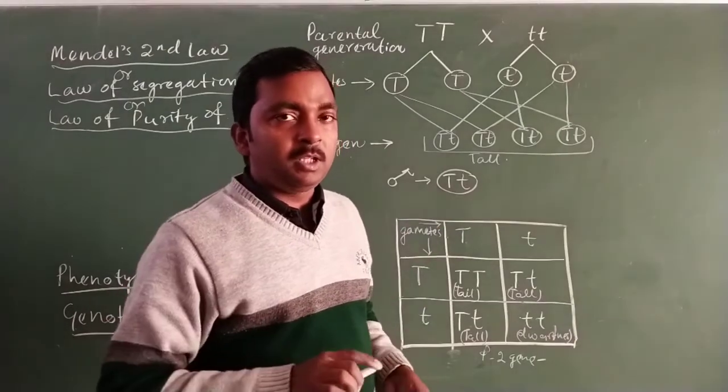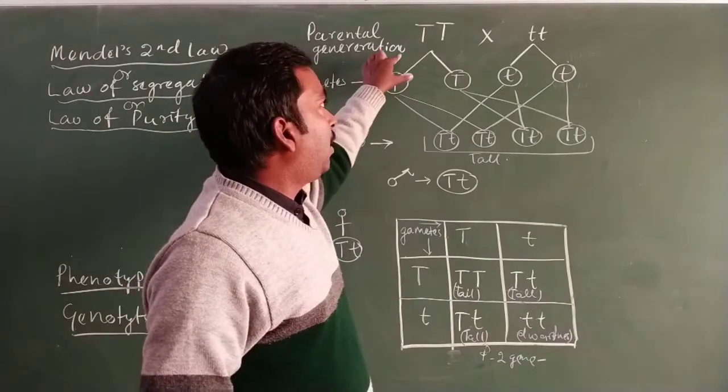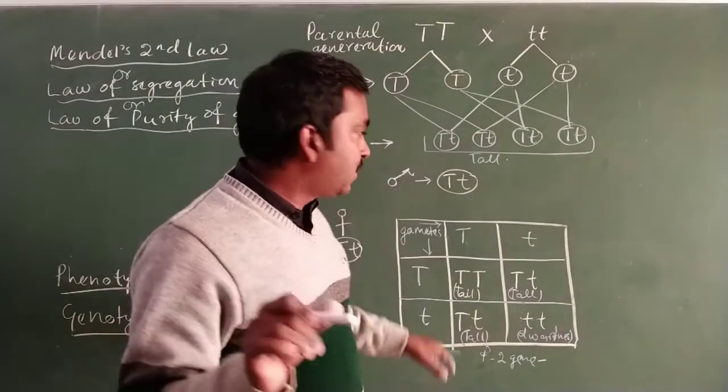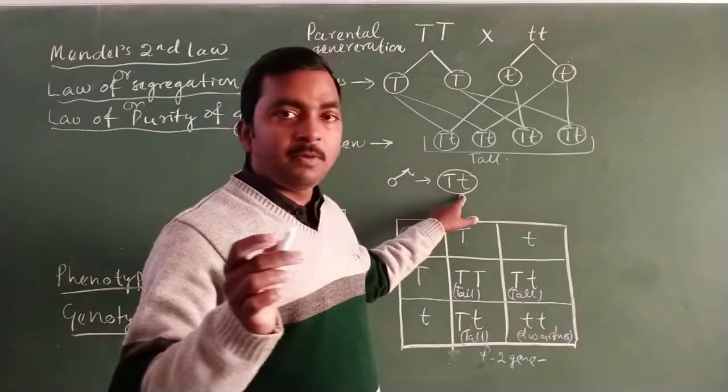According to the law of dominance, the trait of tallness hides the trait of dwarfness.